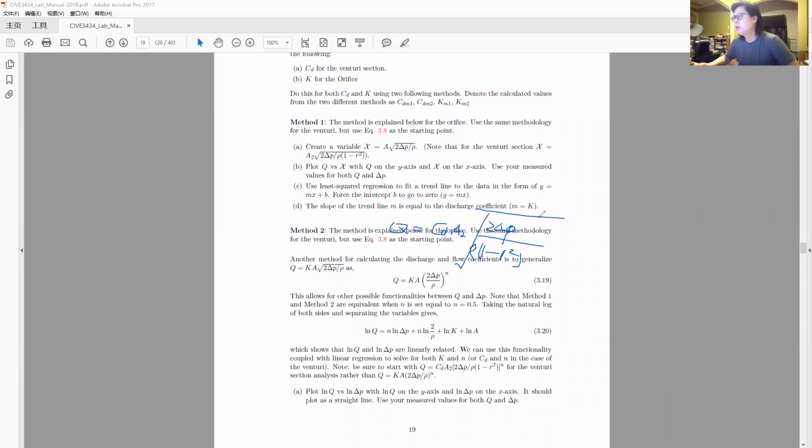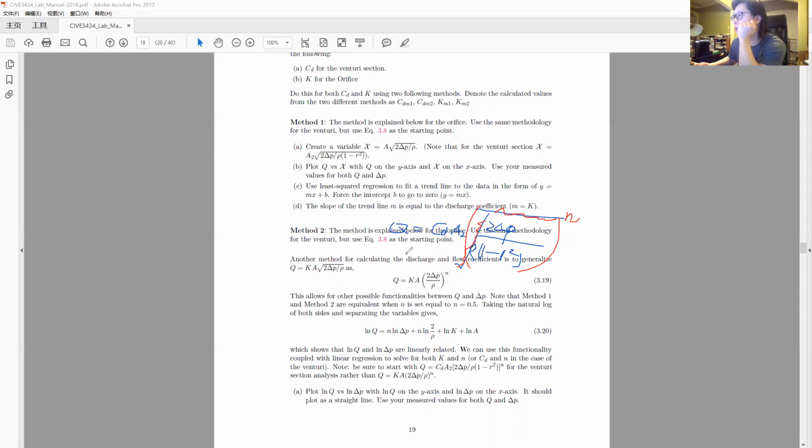So if we want to generalize this, we take the square root out and use an n instead. So be sure to start with q equals CD A2 times 2 delta p over rho 1 minus r squared to the power of n for the Venturi analysis rather than the orifice. So we start from here and take a natural log.